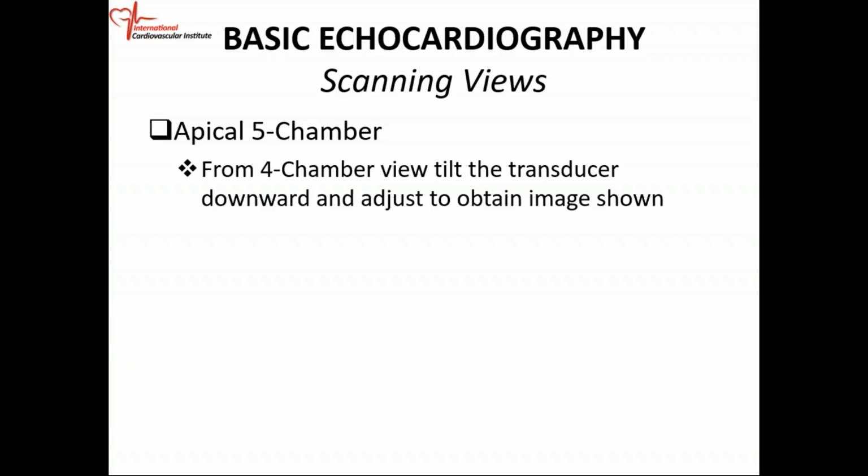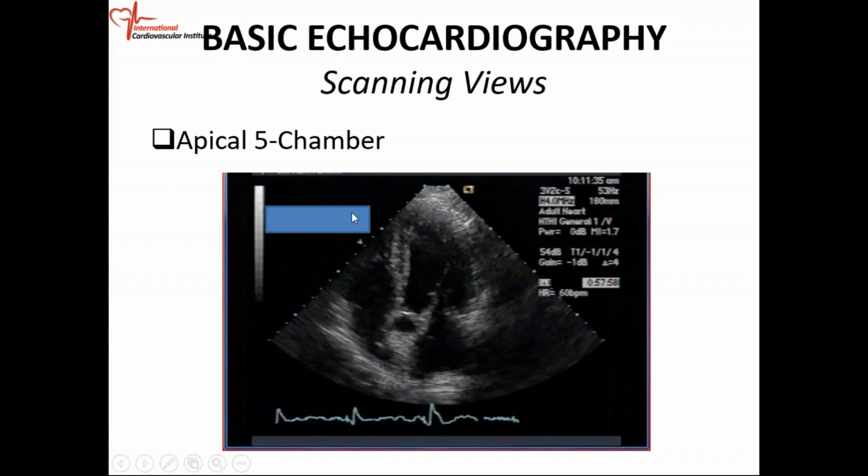To get the apical five-chamber view, you just rock the transducer downwards a little bit. So from the four-chamber view, tilt the transducer downward, and this is the image you're supposed to get.